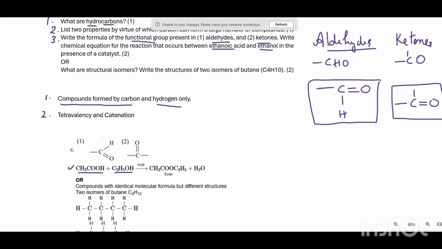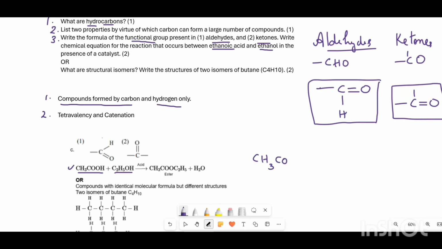And you get the ester CH3COOC2H5. I'll write one more time. Ethanoic acid is CH3COOH, ethanoic acid or acetic acid. It is reacting with ethanol C2H5OH, or you can write CH3CH2OH. Both are correct. C2H5OH, alcohol, and it forms ester.